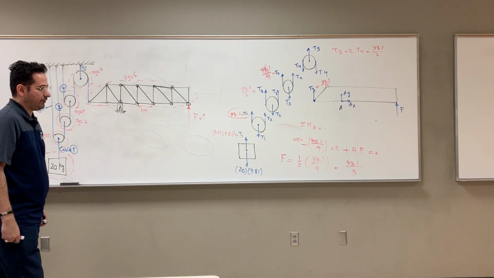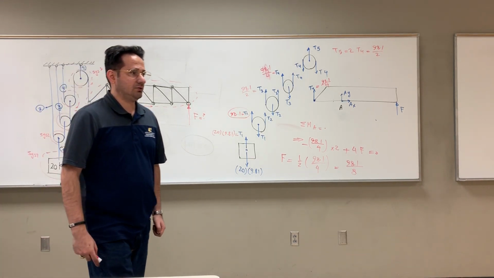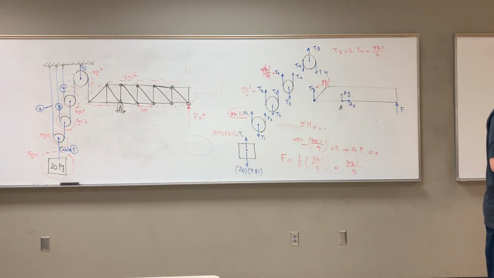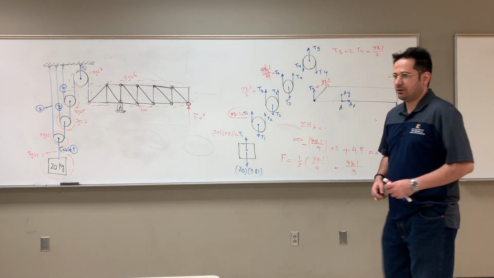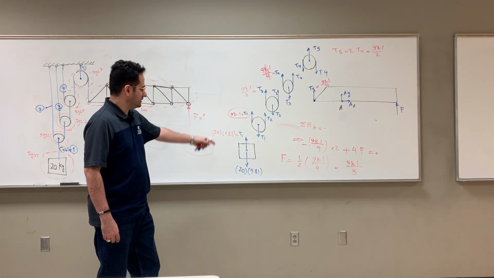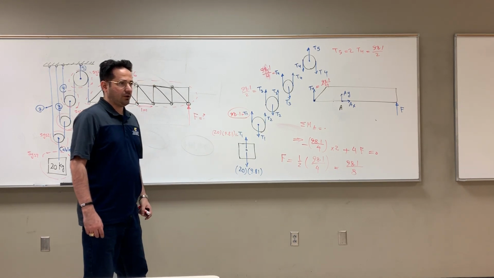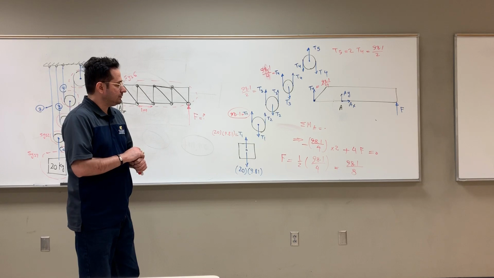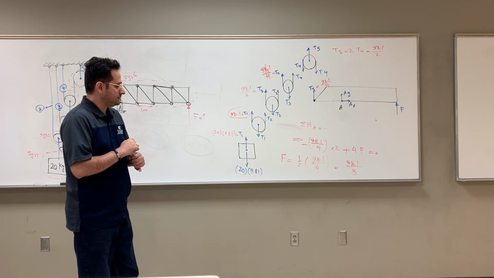So that's the way you analyze your system, by doing 5 steps. Now, how do you verify it? Let's say you get a bunch of numbers here and I don't know if I did it right or wrong. How do you verify it?